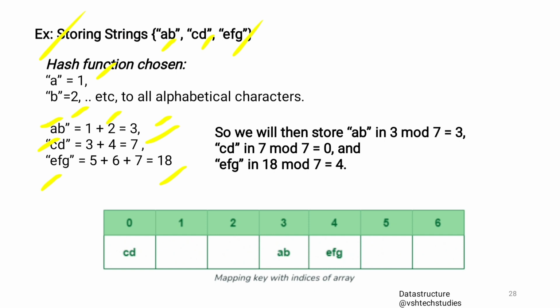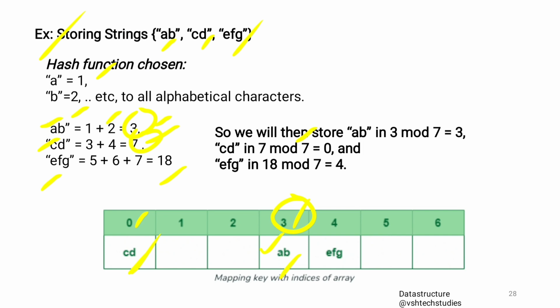Hence, AB means 3, so in the 3 indexed memory location, AB is stored. Here 3 mod 7 is 3 only, hence in the 3 indexed memory location AB was stored.